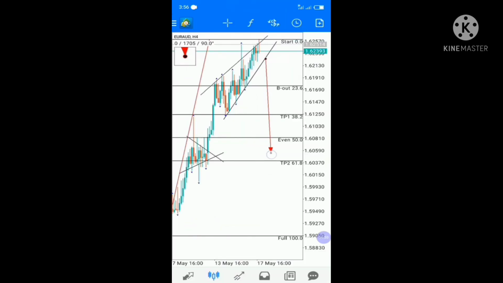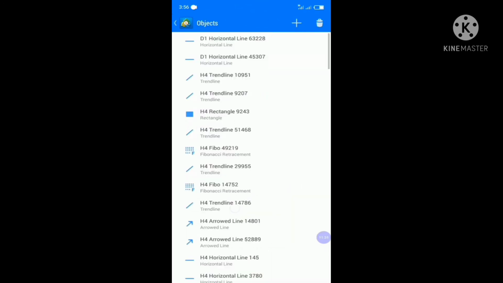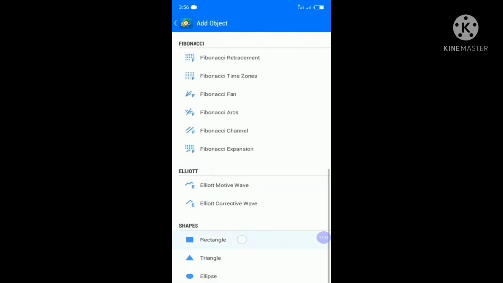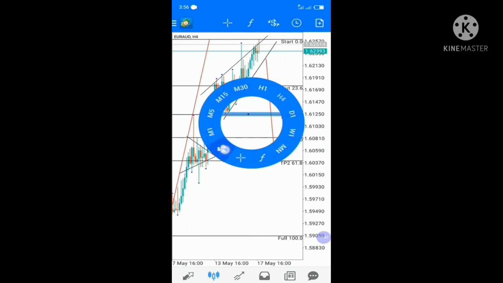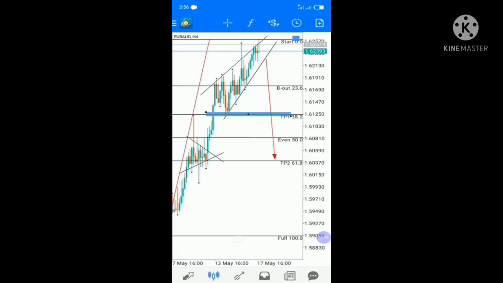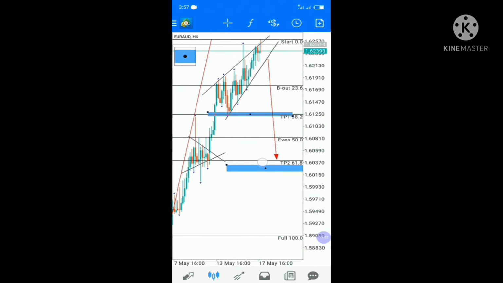So from here we target this drop from the breakout or from the retest. Okay, from the retest to our TP1 as our first target for a day trader, and then to TP2 as our second target for a swing trader.